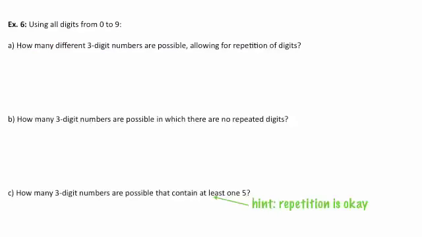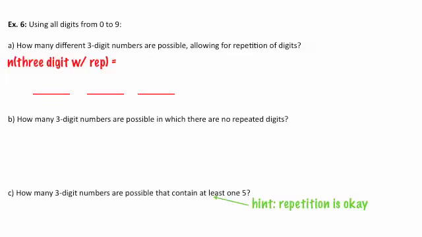Let's take that approach of numbers and make things a little bit more broad, using all of the digits from 0 to 9. How many 3-digit numbers are possible, allowing for repetition of digits? So 3-digit numbers, but now we have everything from 0 to 9. Here's our 3 spots.